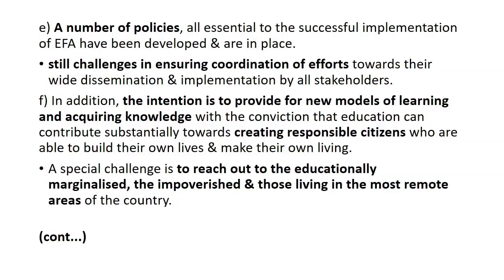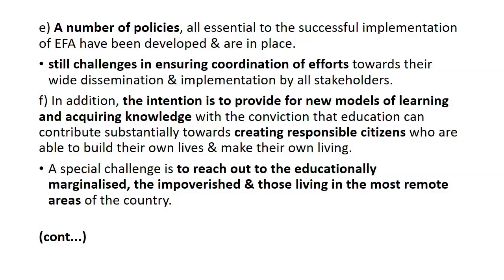In the fifth place, there's a number of policies, all essential to the successful implementation of the EFA, which are developed and are in place. Yet there's still challenges in ensuring coordination of efforts toward their wide dissemination and implementation by all the stakeholders.